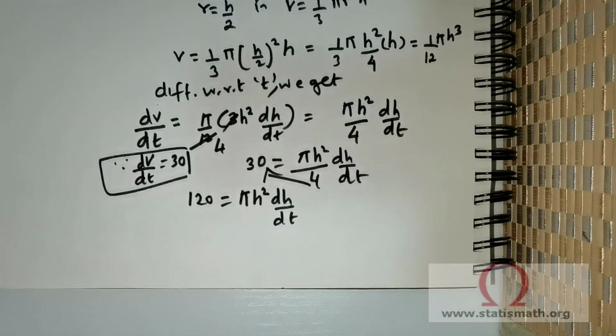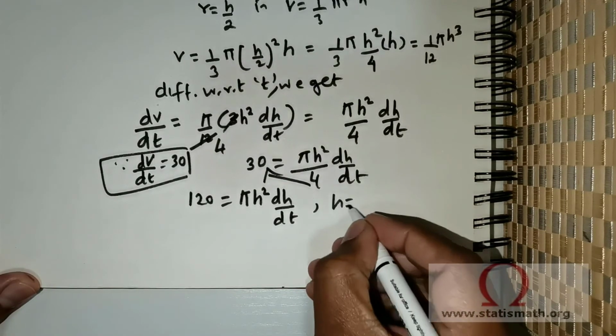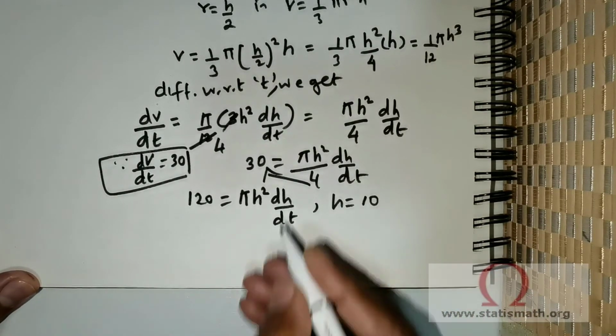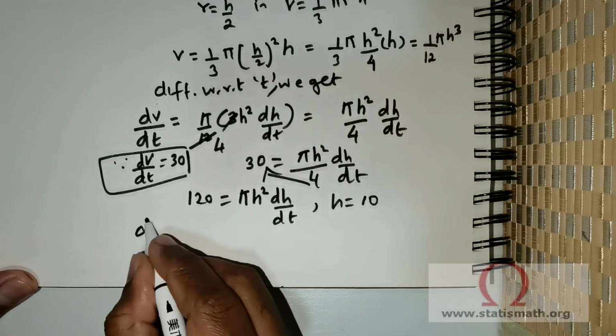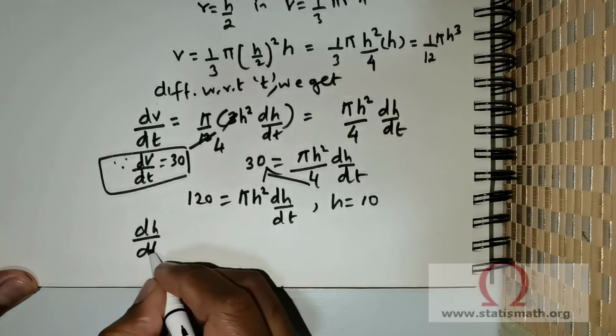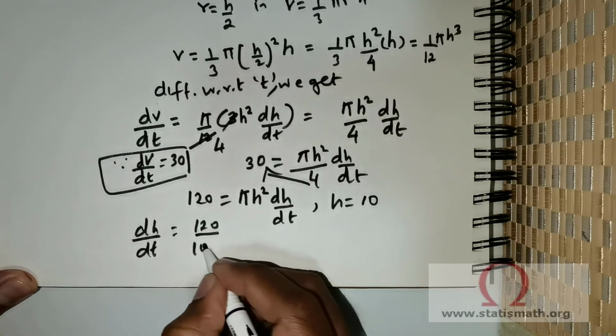Now we know the value of h. h is given, so we need to substitute the value of h. The value of h is given to be 10 meters high. So if we substitute h equal to 10, dh over dt would be 120 divided by 100 pi.